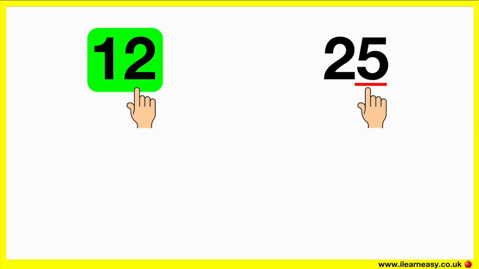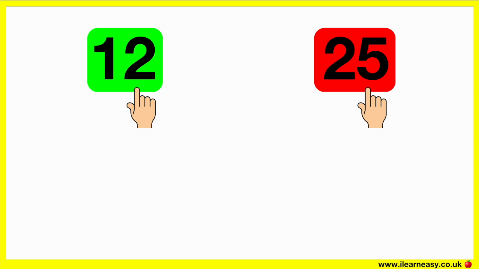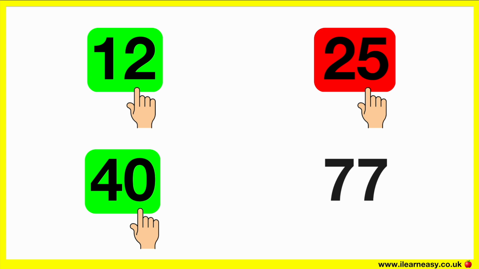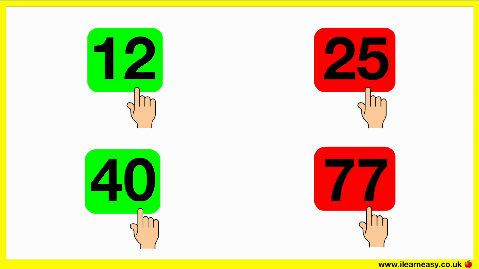Therefore, it is an even number. 25. The number 25 ends in the number 5. Therefore, it's an odd number. 40. The number 40 ends in 0. Therefore, it's an even number. 77. The number 77 ends in the number 7. Therefore, it's an odd number.